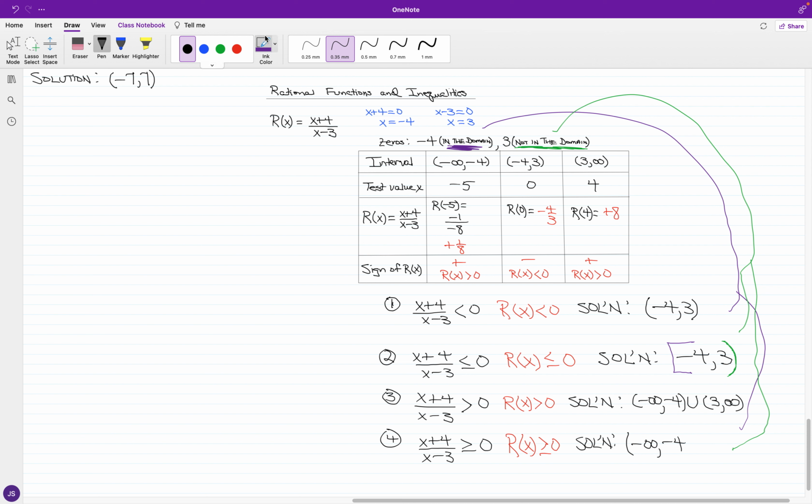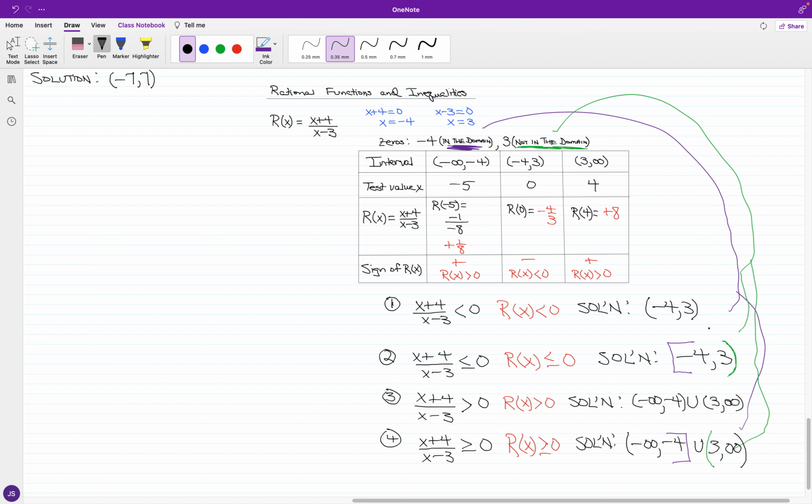Again, -4 is in the domain, so that is going to be bracketed. Again, 3 is not in the domain, so that's going to be in the parenthesis. Okay, and so those would be your outcomes.